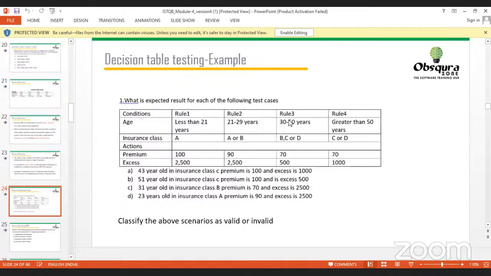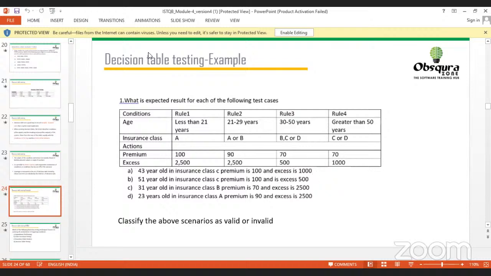They have mentioned their premium is 100 and excess is 1000. But when you go through this, premium is 70 and excess is 500. So this first one is an invalid scenario.